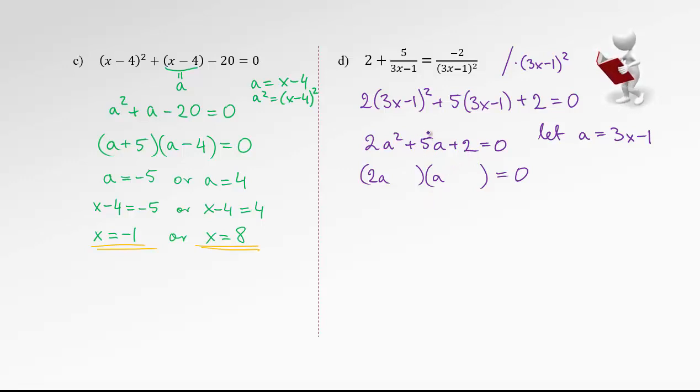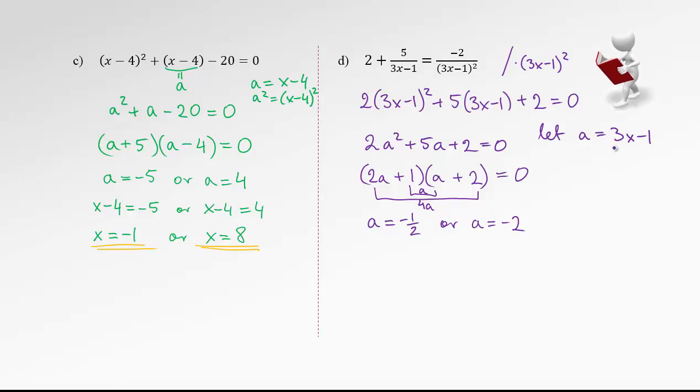Since the middle term is 5, which means the inner product plus the outer product gives us 5, let's place the 2 here and the 1 there. That way we have 1a and then 4a altogether is 5a, with both pluses inside the bracket. Okay, therefore our a from the first bracket is negative 1/2, or from the second bracket is equal to negative 2.